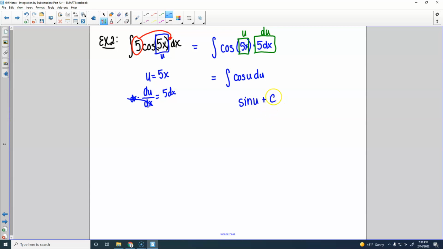And then we want this to be back in terms of x, so we just replace the u back with our 5x plus c. Yes, that's 5x.